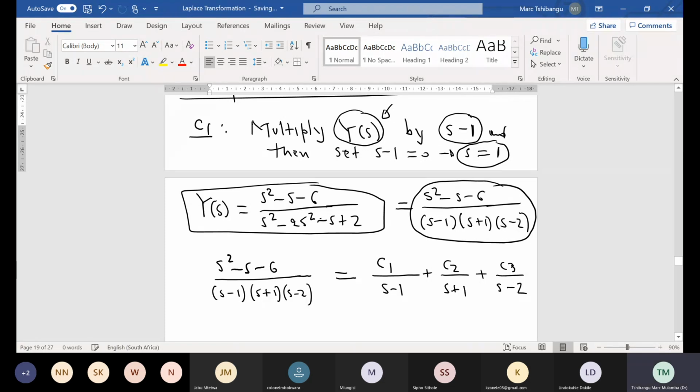So we're going to multiply both sides of this expression by s minus 1. So the whole thing here will be multiplied by s minus 1, and the whole thing will be multiplied by s minus 1.